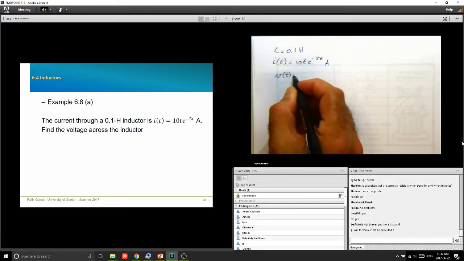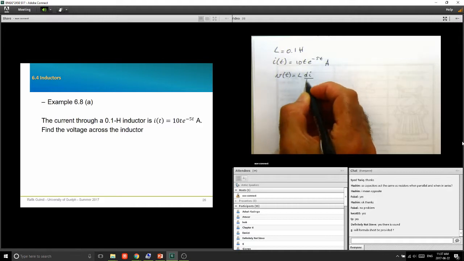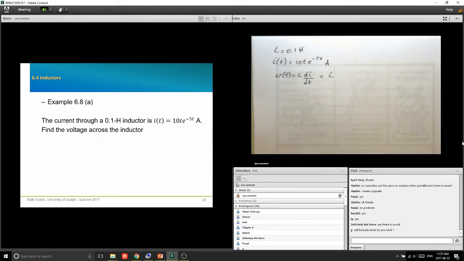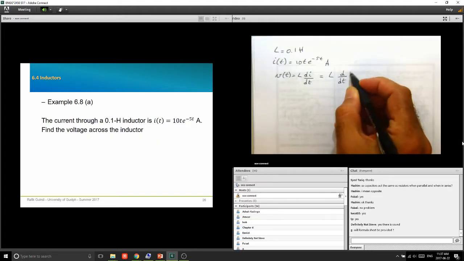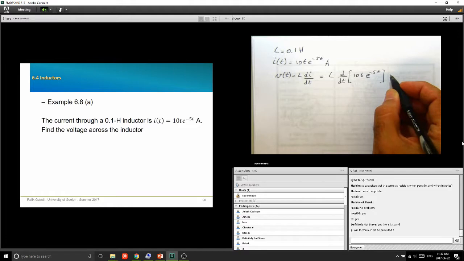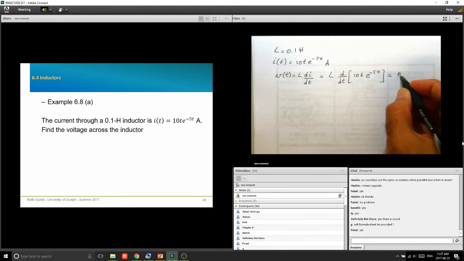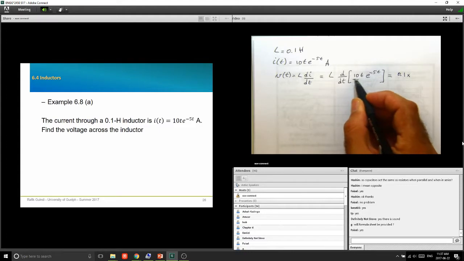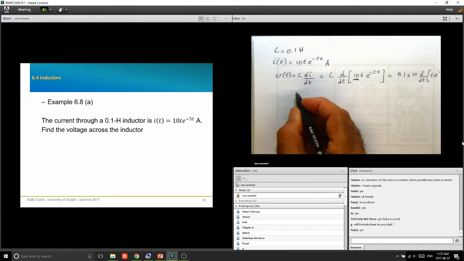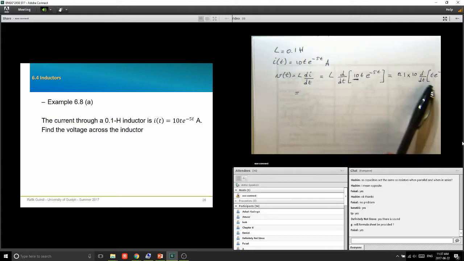Okay, so v equals L di/dt. L is 0.1, and d/dt of 10t e to the minus 5t. The 10 I'm going to bring outside, and then d/dt of t e to the negative 5t. So that's equal to 10 times 0.1, and then I have to find the d/dt.